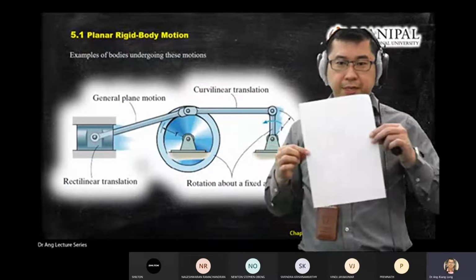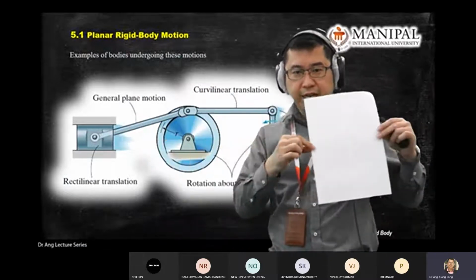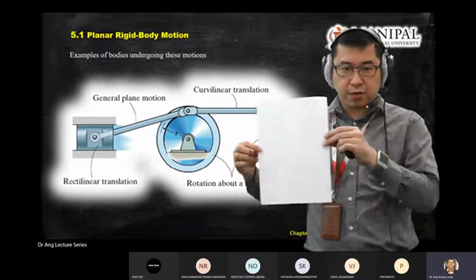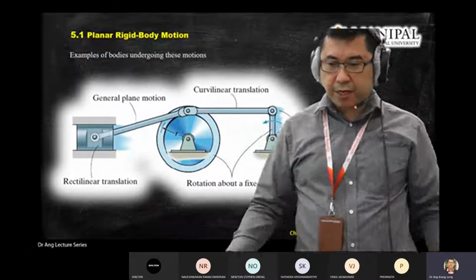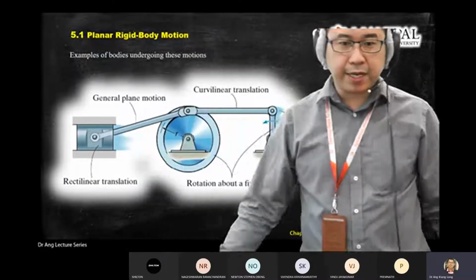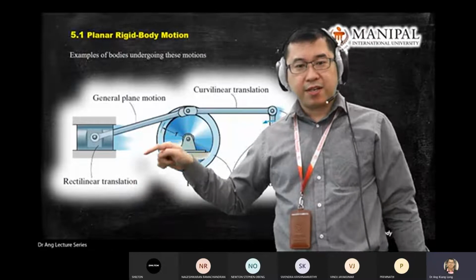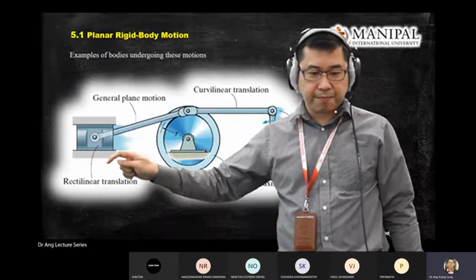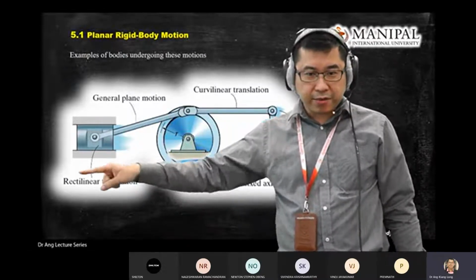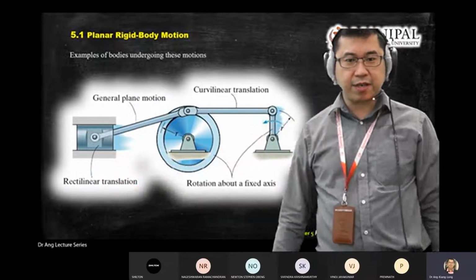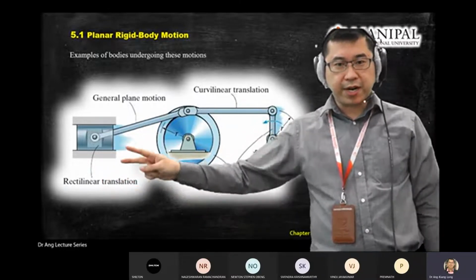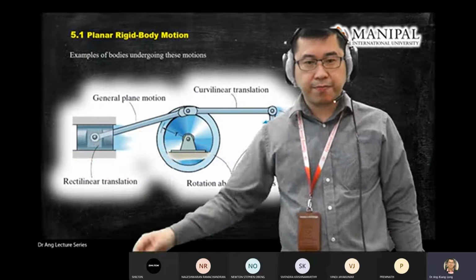Imagine a piece of paper, your piston can only move like that. This is called translation. And again, translation has two types, rectilinear and curvilinear motion. This is rectilinear translation.